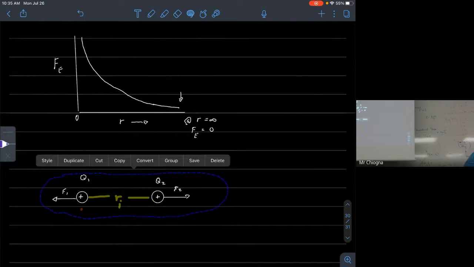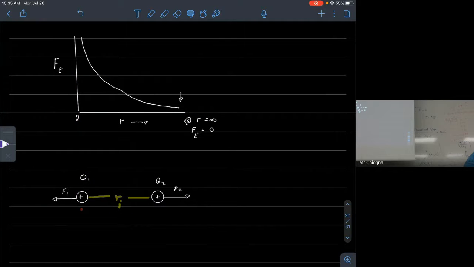Okay, so let's say you doubled the charge. So I'm going to look at this charge here. Let's say you doubled it.